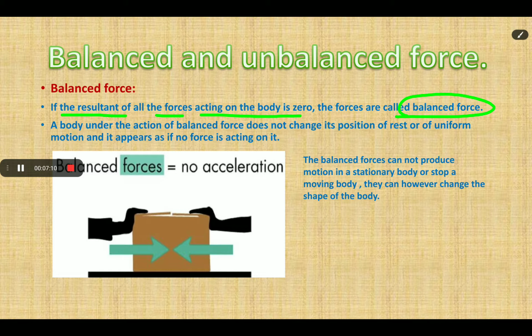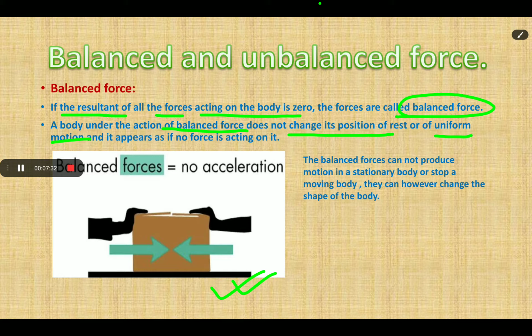And under the action of balanced force, the object does not change its position of rest, or it does not change its uniform motion.